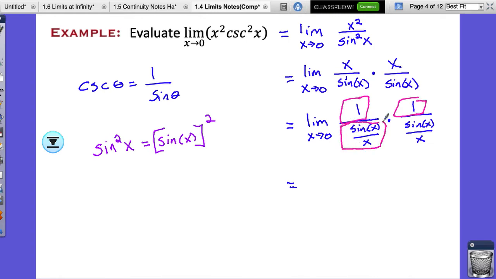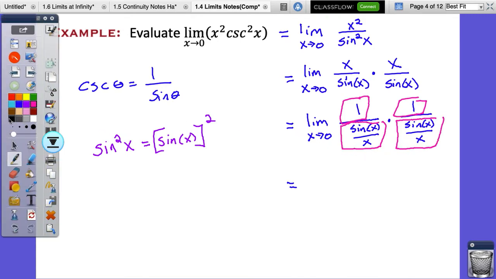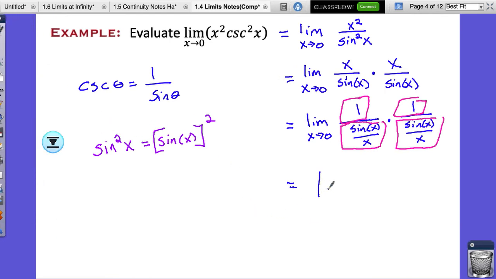The limits of those as x approaches 0 are also 1. Then we get a whole bunch of 1s that are multiplying and dividing, so our answer is just going to be 1. All right, questions or concerns on those?